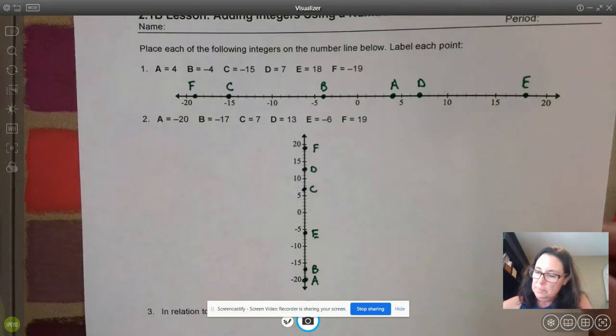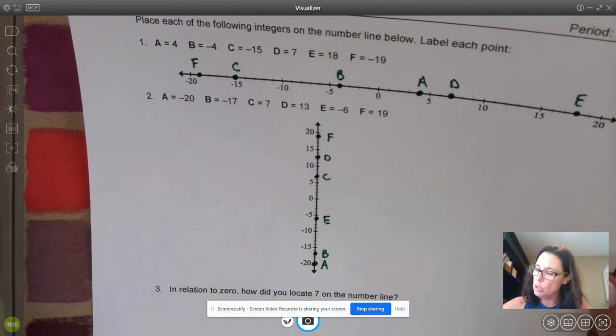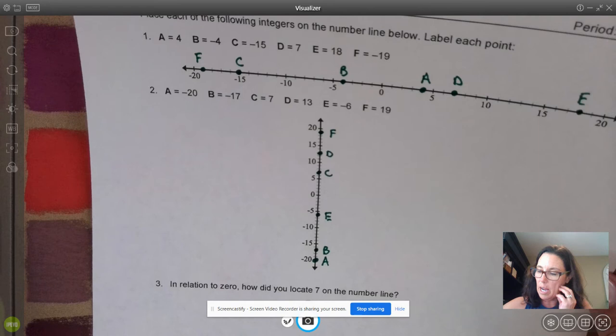All right, number 3 says, in relation to 0, how did you locate 7 on a number line?